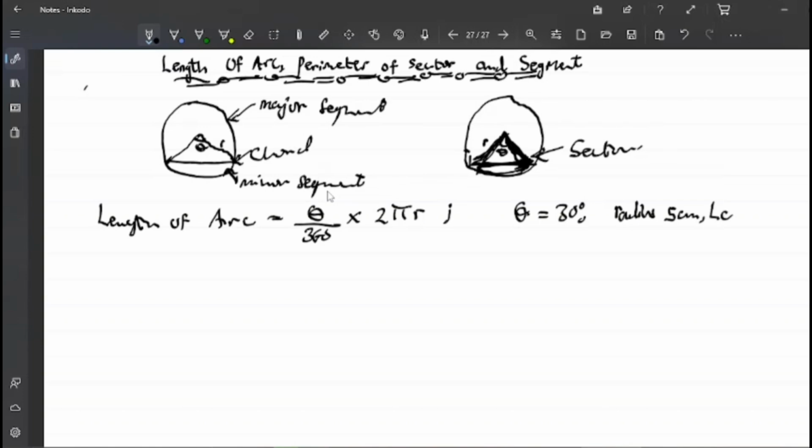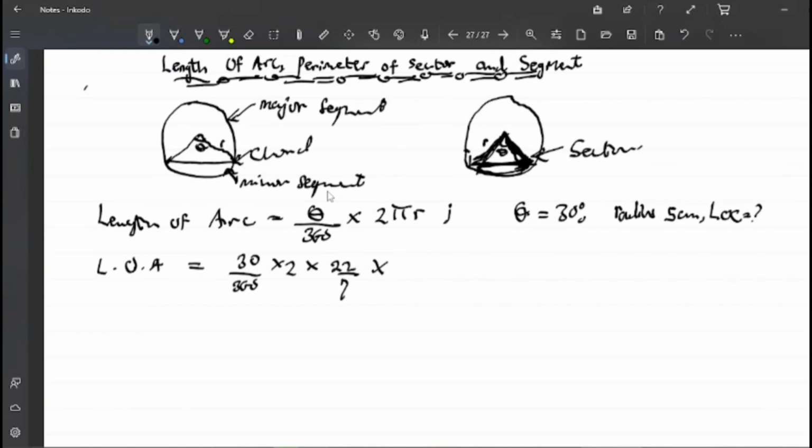We apply this formula: length of arc equals theta over 360 multiplied by 2 pi r. In this case, our theta is 30, so 30 over 360 multiplied by 2 multiplied by 22 over 7, which is the value for pi.